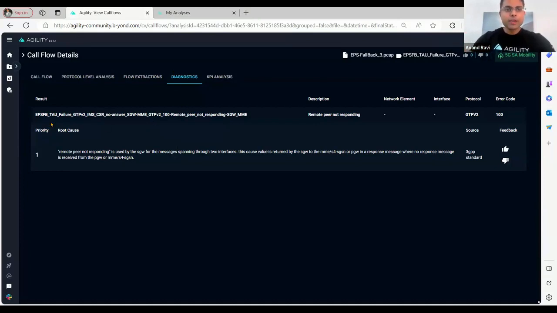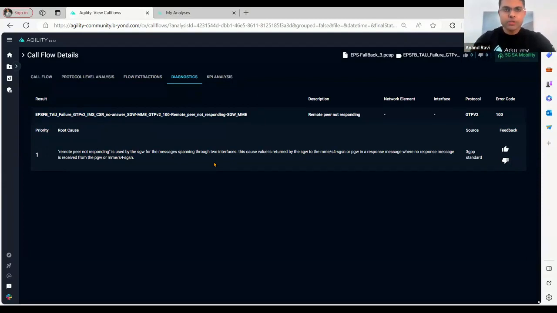So this is where, for this root cause, agility is looking up the 3GPP standard and providing an explanation of what a remote peer not responding means, right? In this case, it gives a full detailed explanation of why this kind of failure can typically happen.